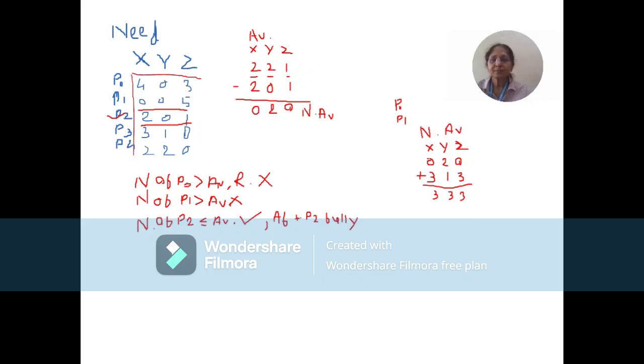Next process is P3. Okay, let us see the need of P3. What is the need of P3? X3, Y1 and Z0. Do we have available resources? Yes, we have X3, Y3 and Z3. That means the need of P3 is less than or equal to available.